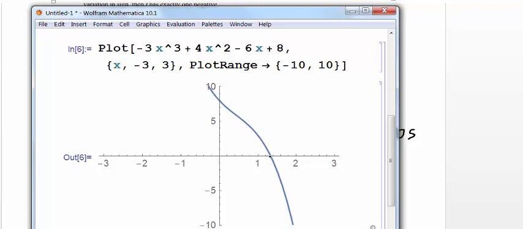We knew there were either 3 or 1 positive real zero. So here we see there's just 1. And as we determined from Descartes' rule of signs, there are no negative zeros. Remember, zeros are x-intercepts. So there is 1 positive x-intercept, no negative x-intercepts, just as Descartes' rule of signs informed us.